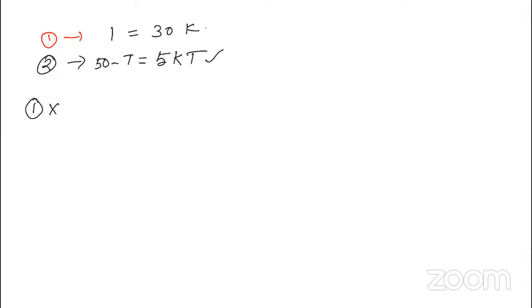We are just multiplying the value by T, so both sides of equation 1 are multiplied by T.